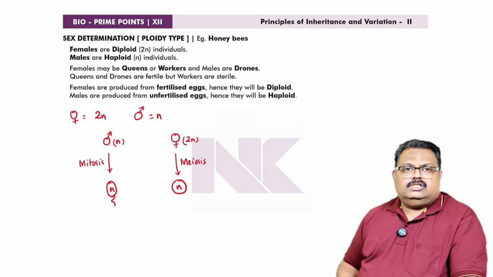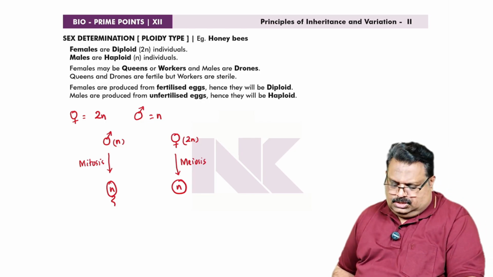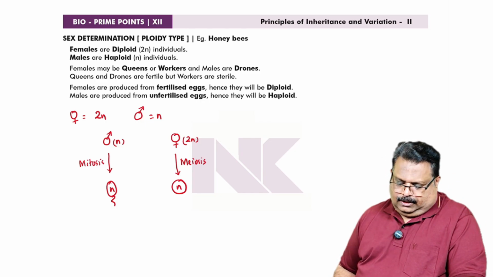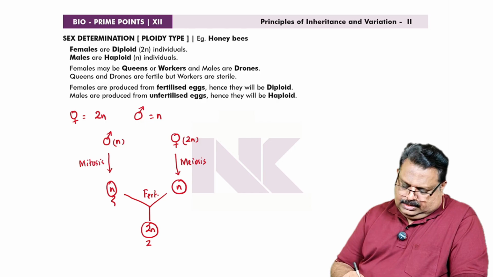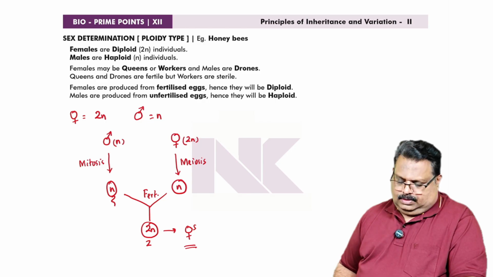So spermatogenesis is by mitosis, oogenesis is by meiosis. When the sperm and ovum fuse together by the process of fertilization, a diploid zygote will be produced, and this zygote develops into a female, because diploid young ones are always females.